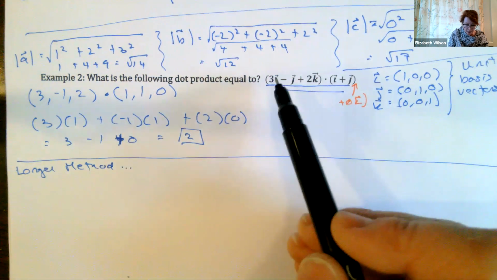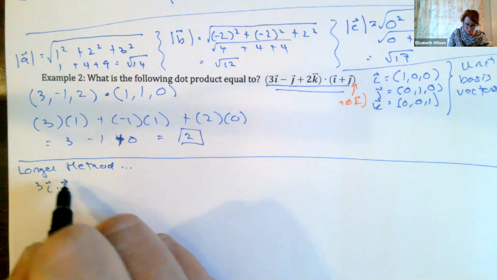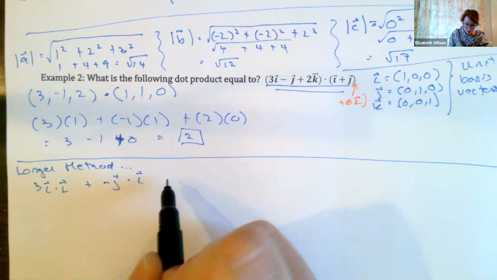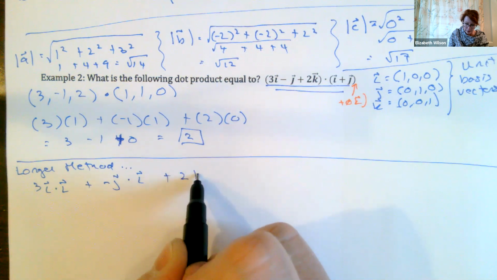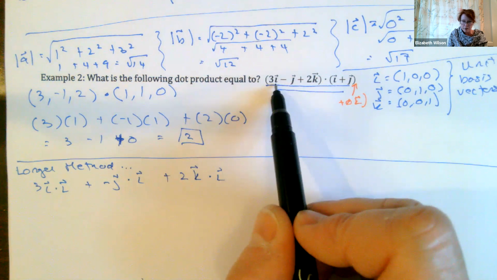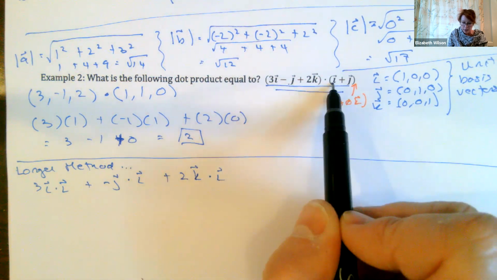So I'm going to multiply. It's going to be 3i dot i plus minus j dot i plus 2k dot i. See how I did 3i times 1i, minus j times 1i, 2k times 1i.